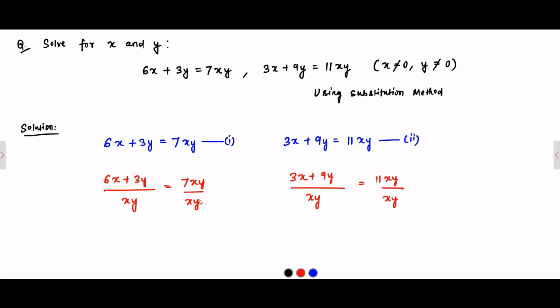So xy got cancelled. Now we have 6x by xy plus 3y by xy equal to 7, and 3x by xy plus 9y by xy equal to 11.